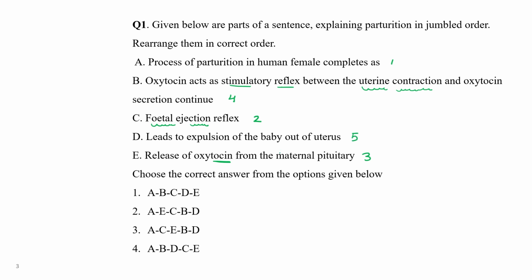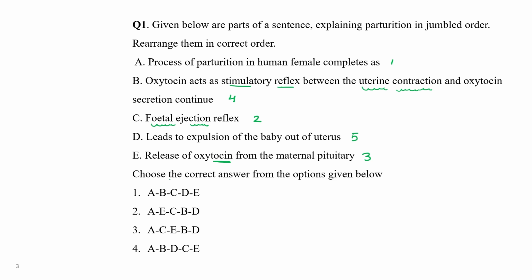So what is the first step? As parturition starts, first oxytocin is released from the maternal pituitary, and this oxytocin hormone acts as a stimulatory reflex. It starts uterine contraction. As uterine contraction starts, it gives the signal for the expulsion of the baby from the uterus of the mother.